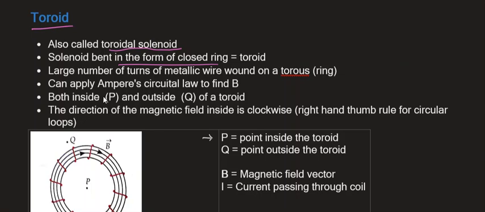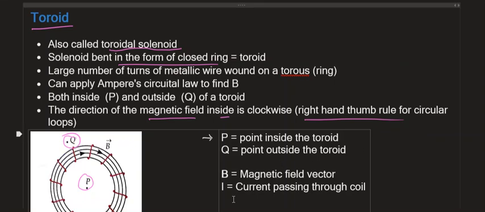Now we can apply Ampere's circuit law to find the magnetic field both inside the toroid, that is at P, and externally at Q. The direction of the magnetic field inside is clockwise according to the right hand thumb rule for circular loops.